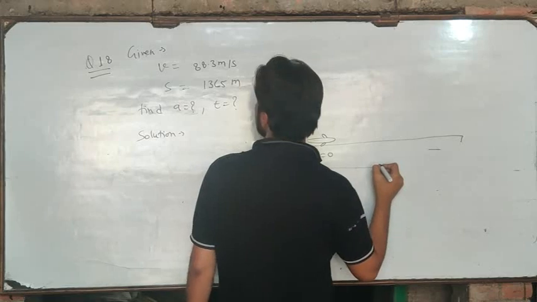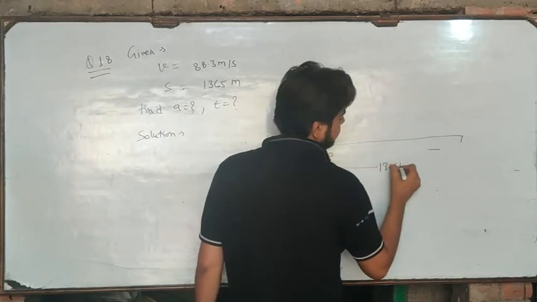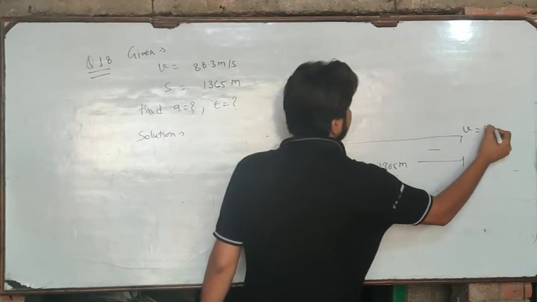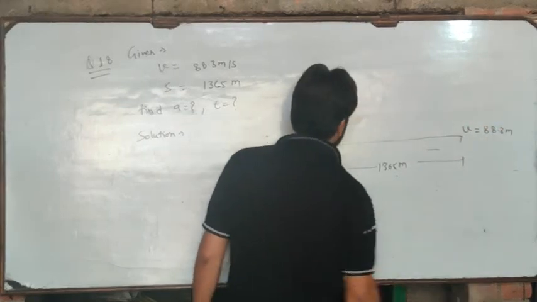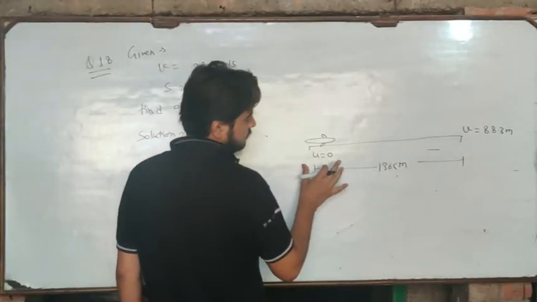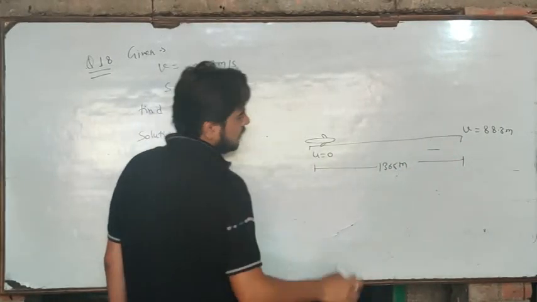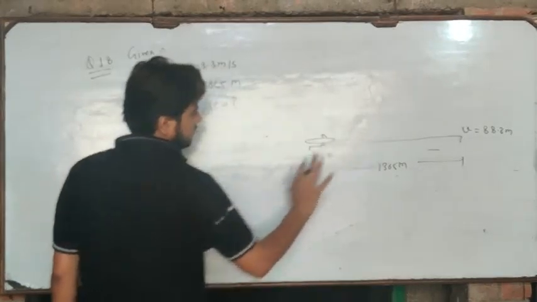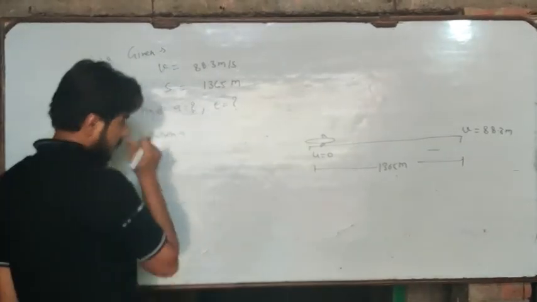This total distance is 1365 meter, and V is equal to 88.3 meter per second. Some time will be taken to reach this point, and we have to find the acceleration and time in this figure. So how do we do this?